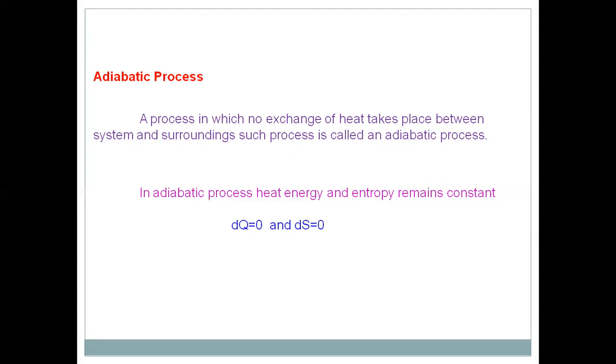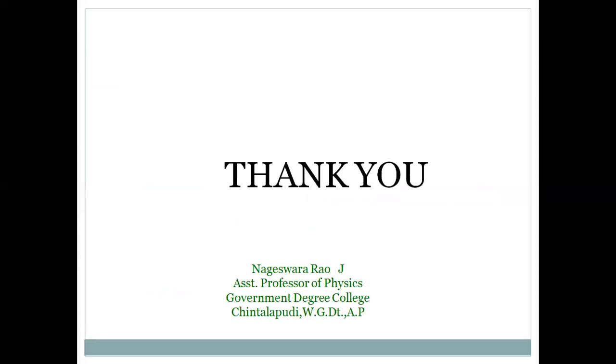That is, the change in heat energy dQ is 0, and the change in entropy dS is also 0. Of course, the equation of the adiabatic process is PV^γ = constant. P is the pressure of the system, V is the volume, and γ is the ratio of the specific heats at constant pressure and constant volume, that is, Cp/Cv. So that is about the equation of the adiabatic process. Thank you.